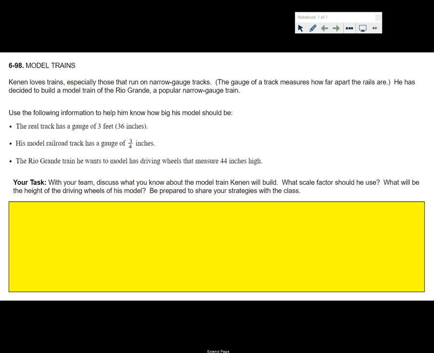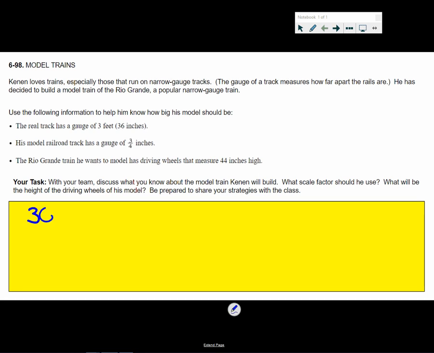So for me, the way I thought about this problem is proportionally. I know that the real track has a gauge of 36 inches to the 3/4 of an inch on the model. And I know that the train wheel is 44, so I'm looking for x.